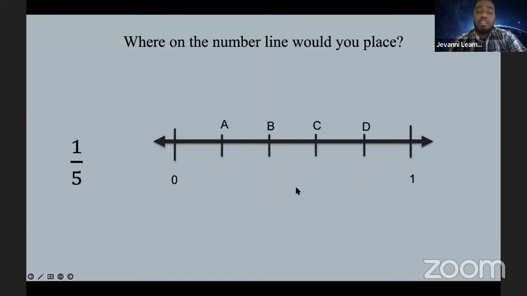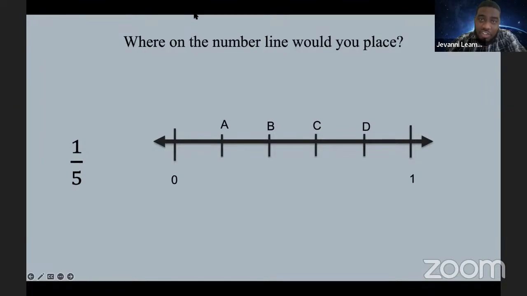Now again, we have the letters A, B, C, and D. Which one of these letters would indicate 1/5? Which one of these letters would we classify to be 1/5? A. Any more responses?